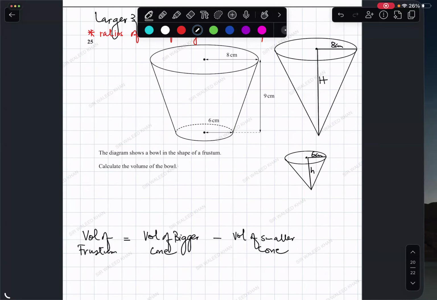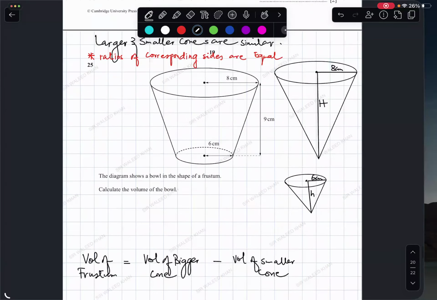the ratio of corresponding sides are equal. Okay. So if the ratio over here, if we compare the radiuses, right? So I can say the radius of the bigger one over the radius of the smaller one, corresponding sides, right, will give us the scale factor.